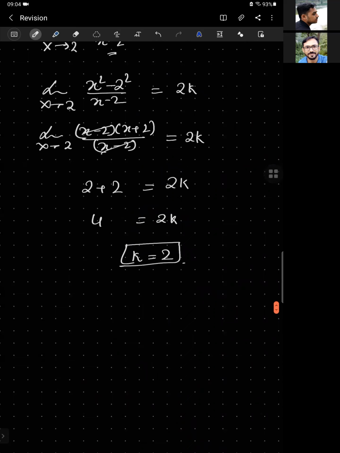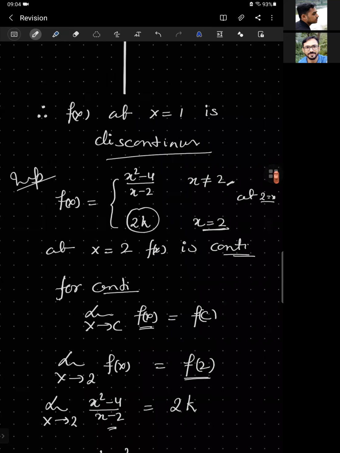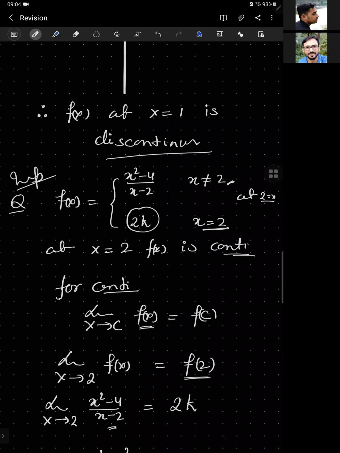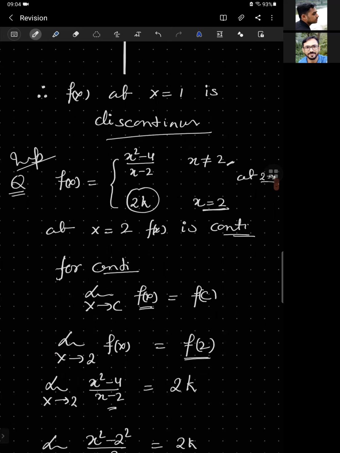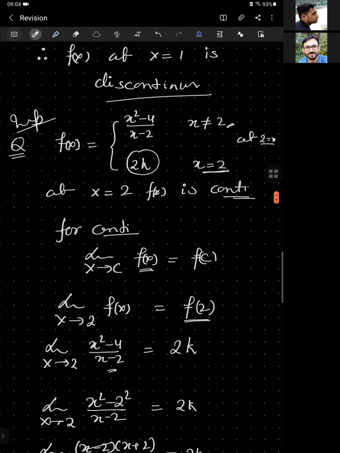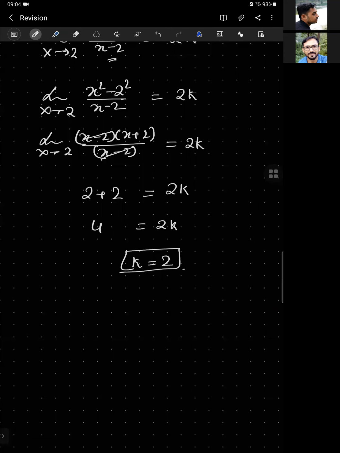But if the question is of this type, then you have to use this method only. In this case, you cannot go with the graph. It's not that we are not able to make a graph, but that will be a little tough. I'll show you the graphical method after some time. Let me solve one or two more questions, then we will go for that.